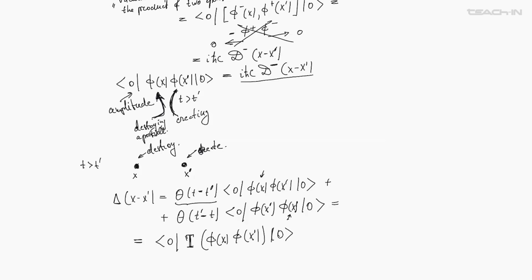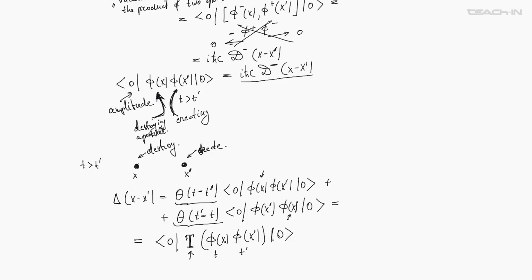And in terms of words, if you want to formulate this operation by expressing it in words, then it means that this t checks the time dependence, the time arguments of these fields phi and phi prime. And then it puts these two fields in order. So it orders them according to the time dependence of these fields.